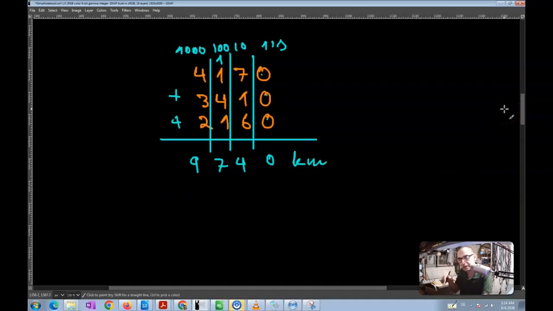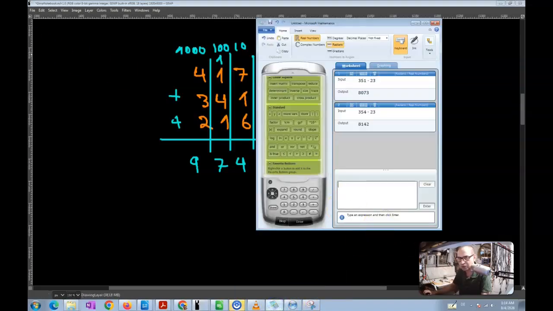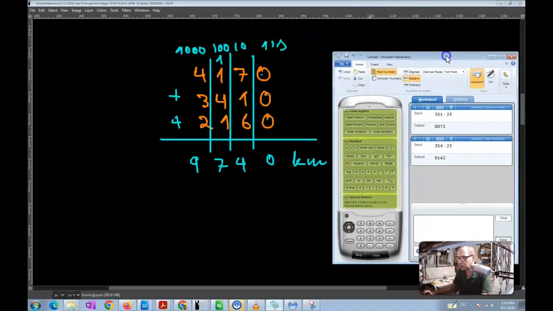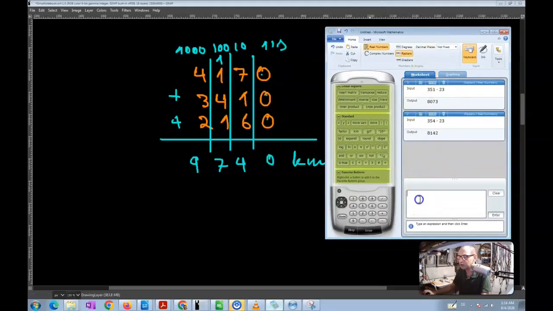Now, in such cases, what I meant by using the calculator is that once you do your calculation, you can use your calculator to check your answer, to make sure that you've gotten the right answer.